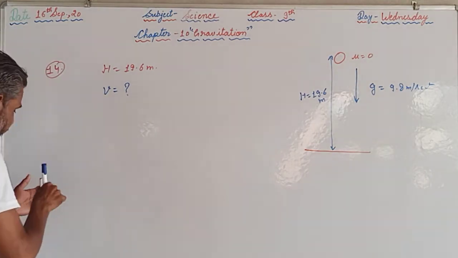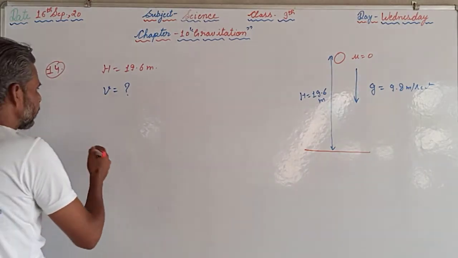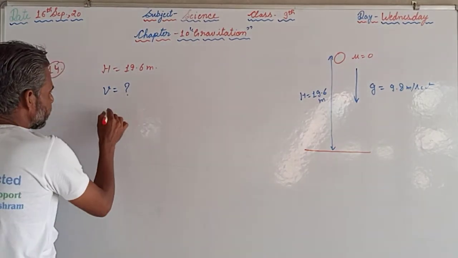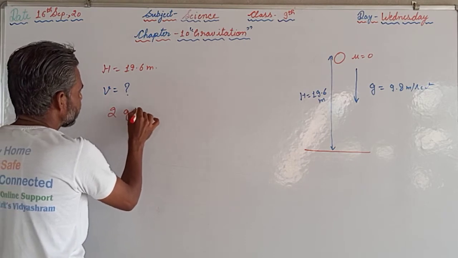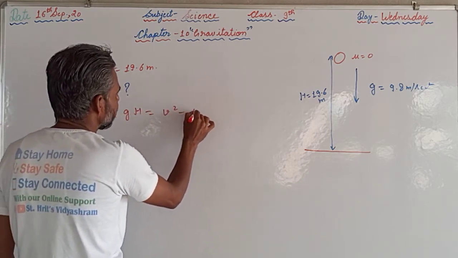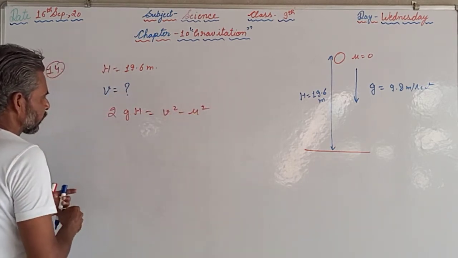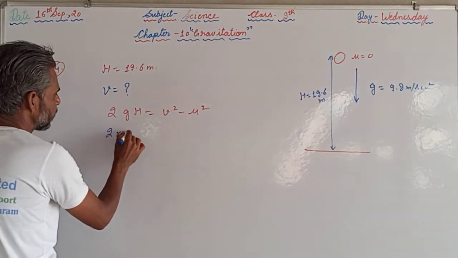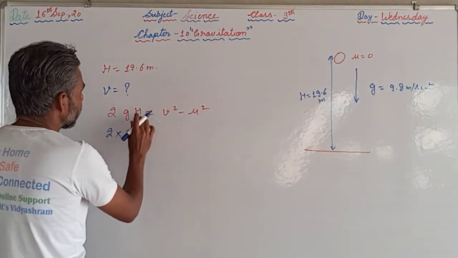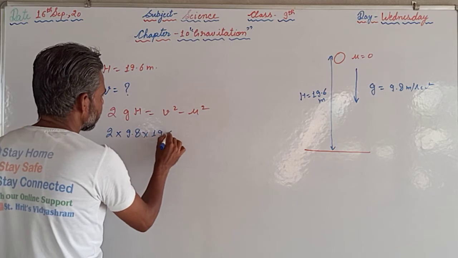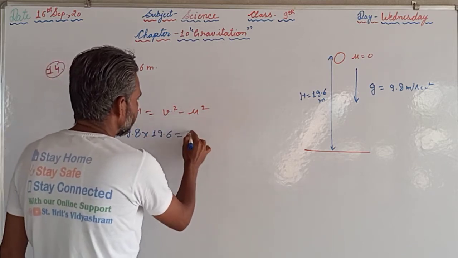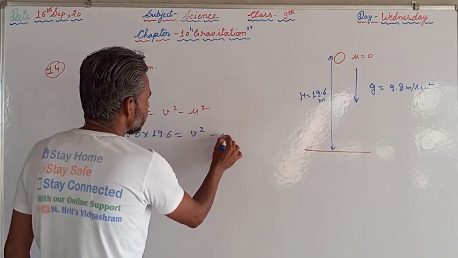So here again we will use the third equation of free fall, that is 2gh is equal to v square minus u square. So from here 2 into g is 9.8 into h is 19.6, v we have to find, and u is 0.